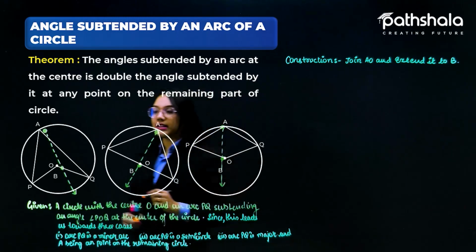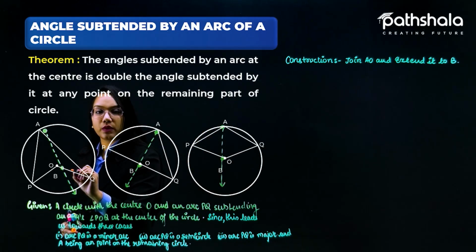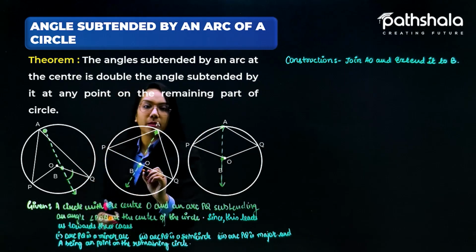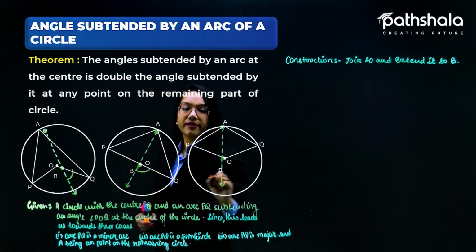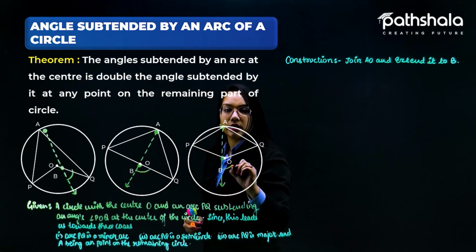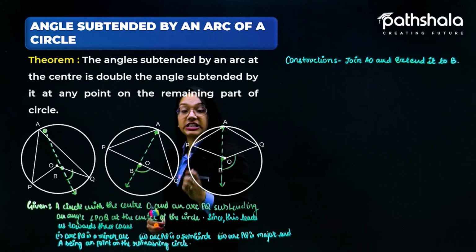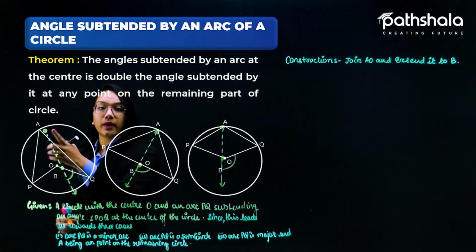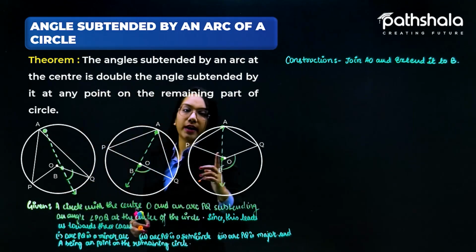Now again, you can see that if I'm just talking about this particular angle, or this particular angle, or this particular angle, they are actually the exterior angle of the triangle OAQ, and again OAQ.